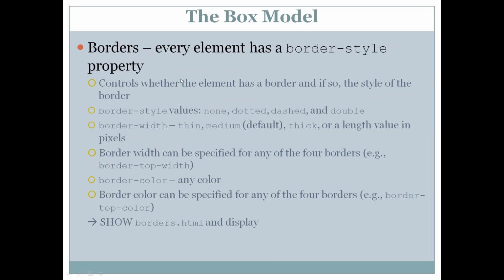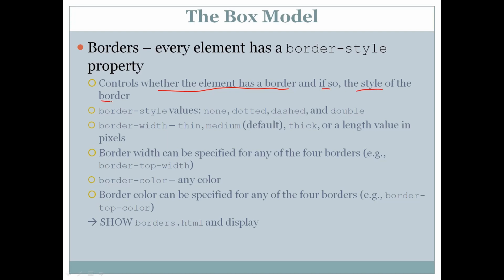Now the borders, as I have said, every element has a border, and this border can be controlled by using a property called border style. So what does this property border style do? The border style property controls whether the element has a border, and if so, the style of the border.